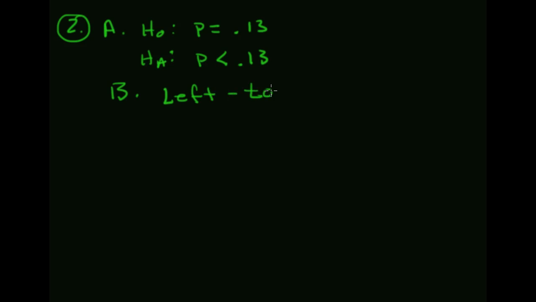So part A, we need the null and the alternate hypothesis. So this is not an equivalence statement, so we're going to say the percentage is less than 13%. The null hypothesis would be that it is equal to 13%, right? So because this is less than, this is a left-tailed test, okay?